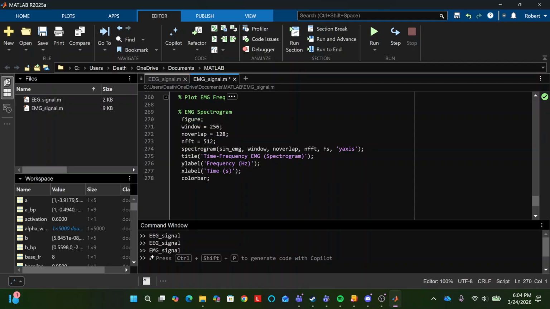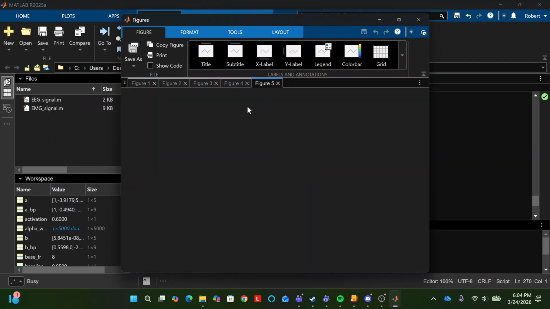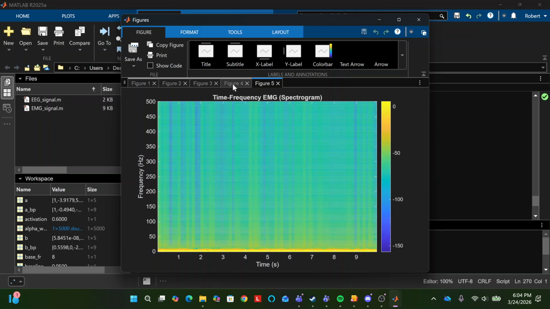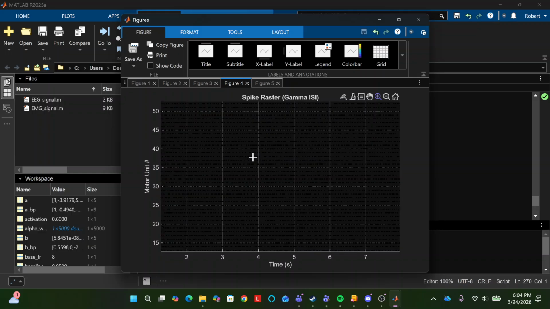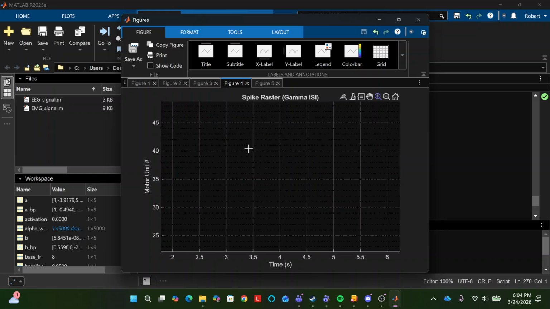And like I said, understanding these things took me some time, so it does take time to actually understand what we are looking at. So what we have here, this is our spike raster, this is our gamma ISI. It's hard to see, but if we zoom in, you can see these lines, these little dots, okay?